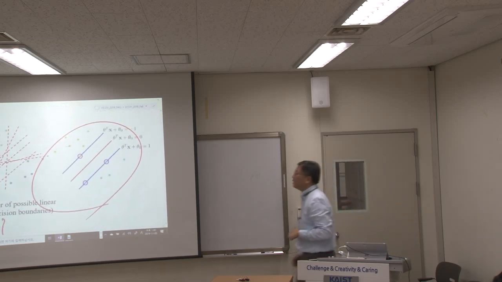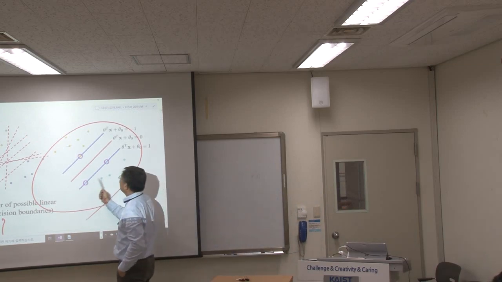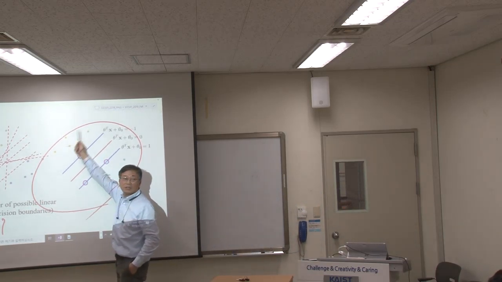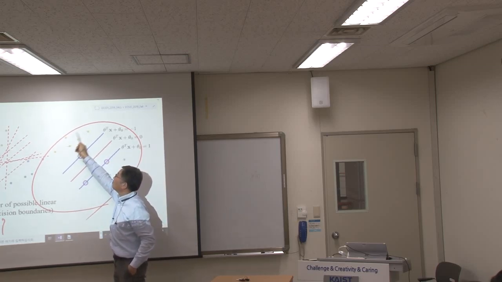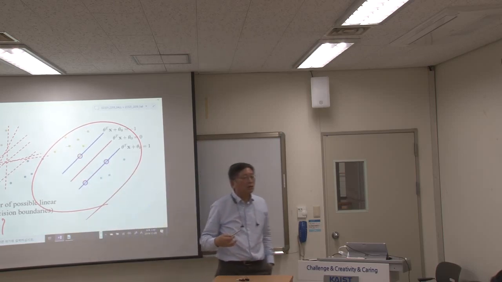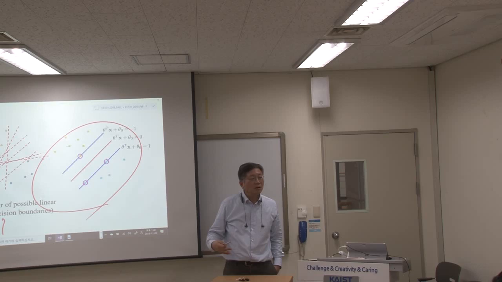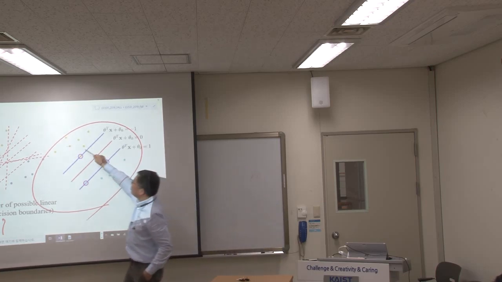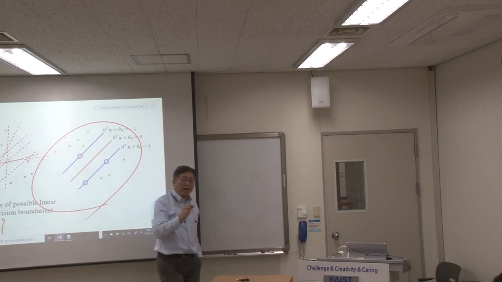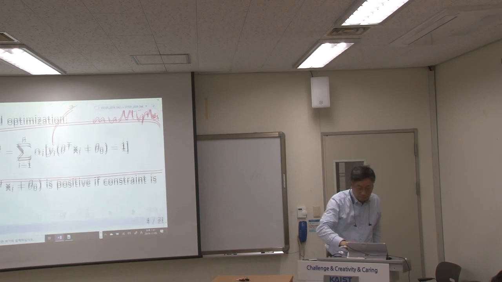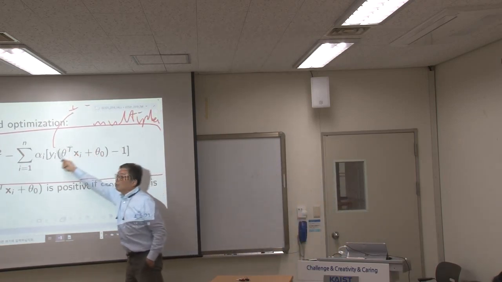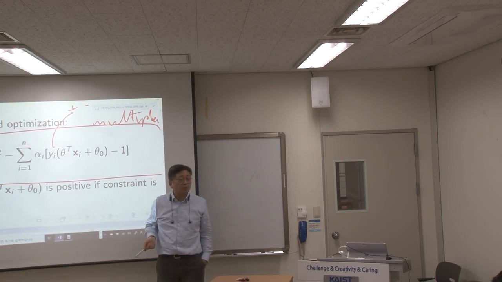Ooh, there is x1, 2, 3, 4, 5, 6, 7, 8, 9, and like that, right? All of these data will have functional margin greater than 1. They'll have value greater than 1, right? That one right over there. That one will have that term. This term will be greater than 0.